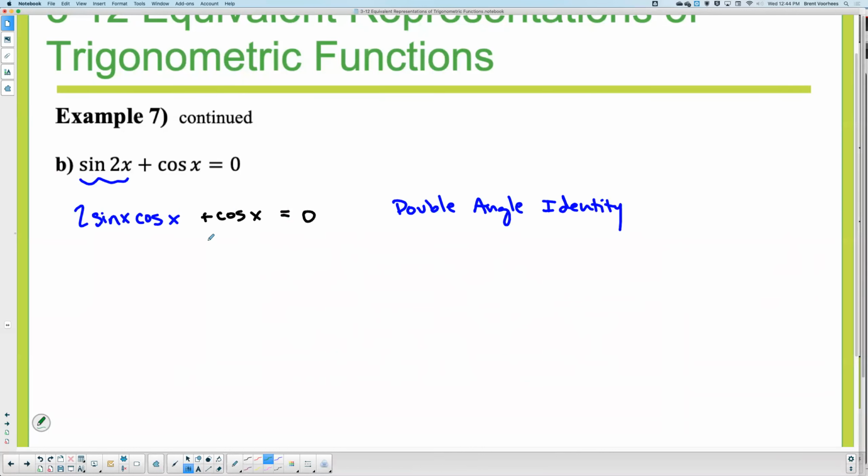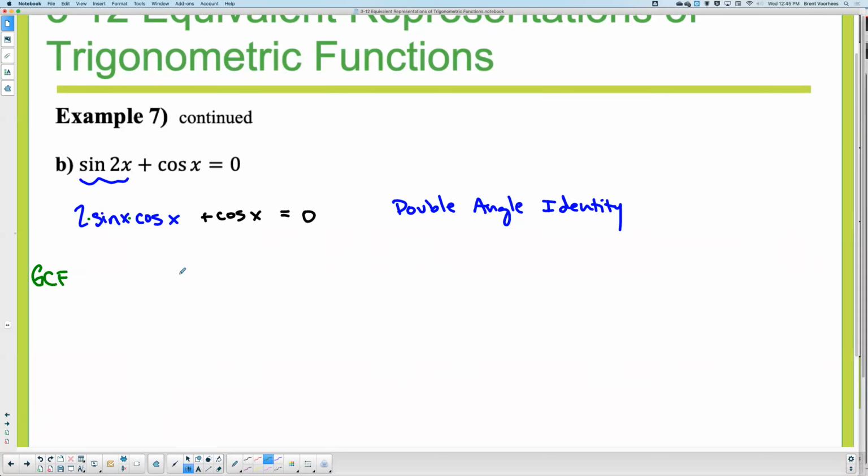Now I need to do an algebraic principle to simplify this. Are these like terms? Can I combine them? The answer is no, because this has a 2 sine x with it. So what you do instead, if it looks at first like they should combine, but they don't actually because they're not like terms, you do a GCF. What does GCF stand for? Greatest common factor.